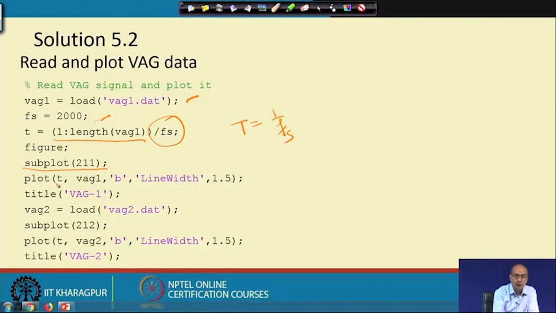There we plot the VAG1 signal with respect to time, and next we have read the VAG2 signal and we have plotted it below. In both cases we have mentioned that the color of the plot would be blue and the line width would be 1.5. Okay. So, that is the extra information given here.